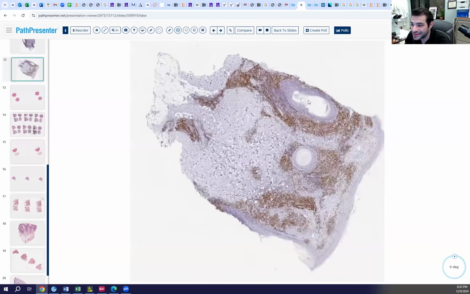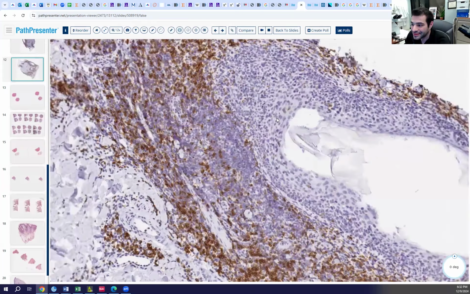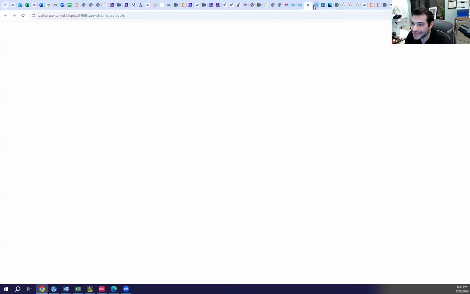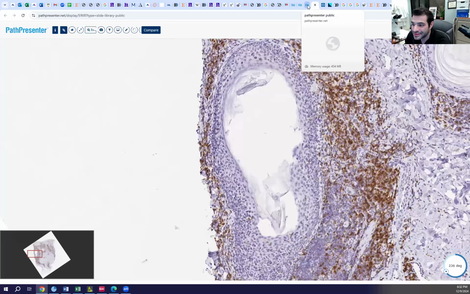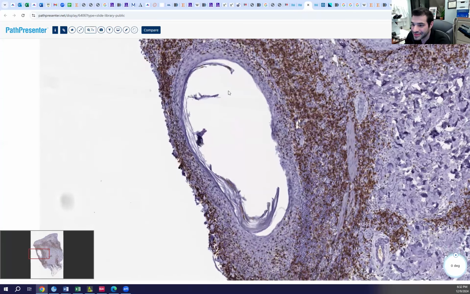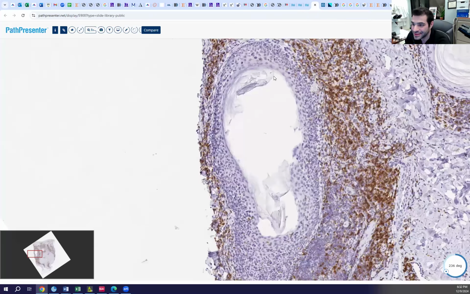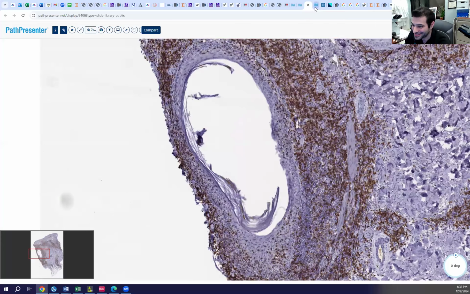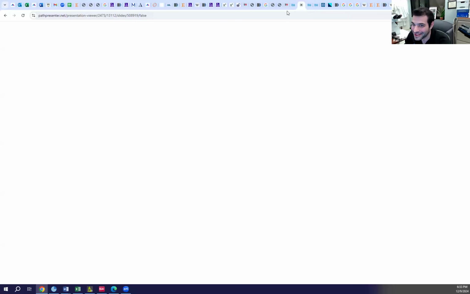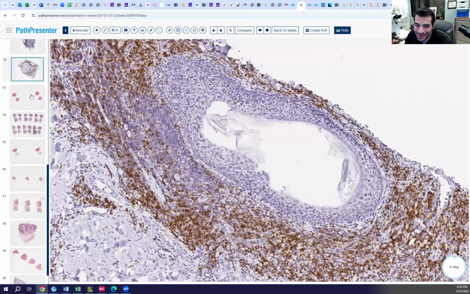Now we have CD7. And now let's do side by side. So here's your CD3, here's your CD7. You notice anything? That's diminished, the CD7. Lights on, lights off, lights on, lights off, right? So that goes for our diagnosis of folliculotropic MF.